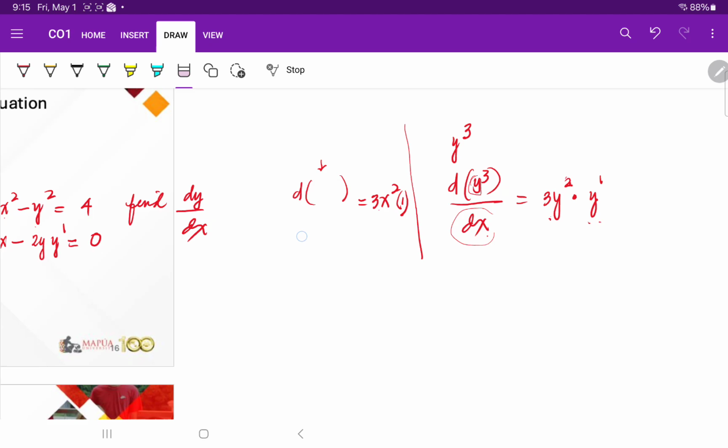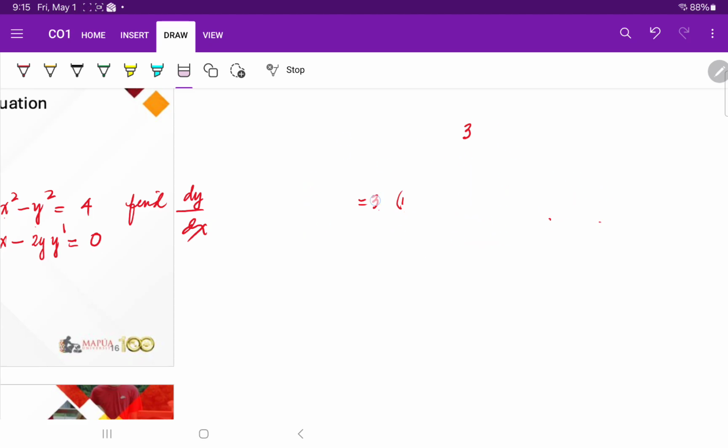Again, let's rewrite it. Okay, so, if we're given x cubed, we know that to find its derivative with respect to x, we write it as 3x squared times the derivative of x, which is 1. That's why we get 3x squared.